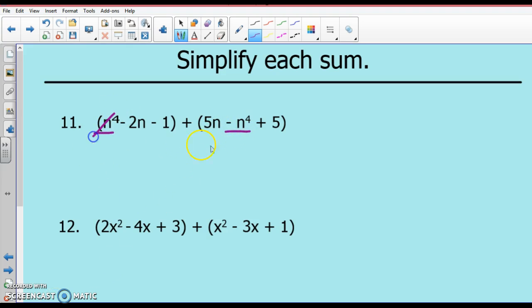Isn't that 0? That's gone. Negative 2n plus 5n is 3n. Negative 1 plus 5 is plus 4. Done. Because this is 0, right? Right? Because it has a variable. So, if I wanted to name this, it would be a linear binomial.